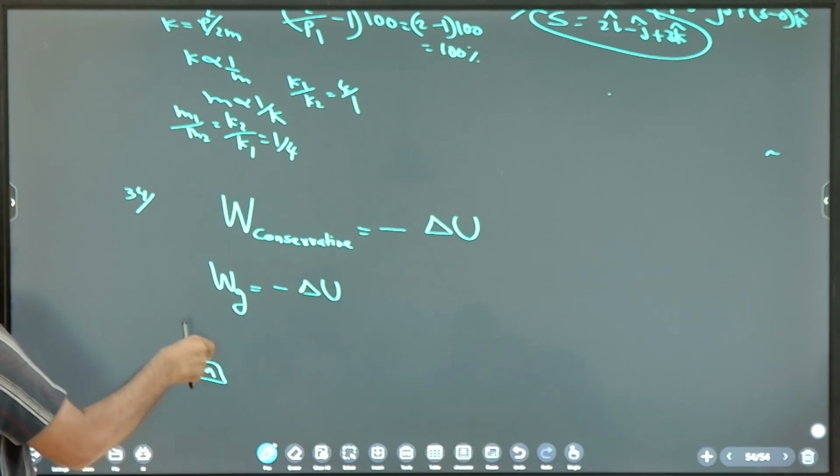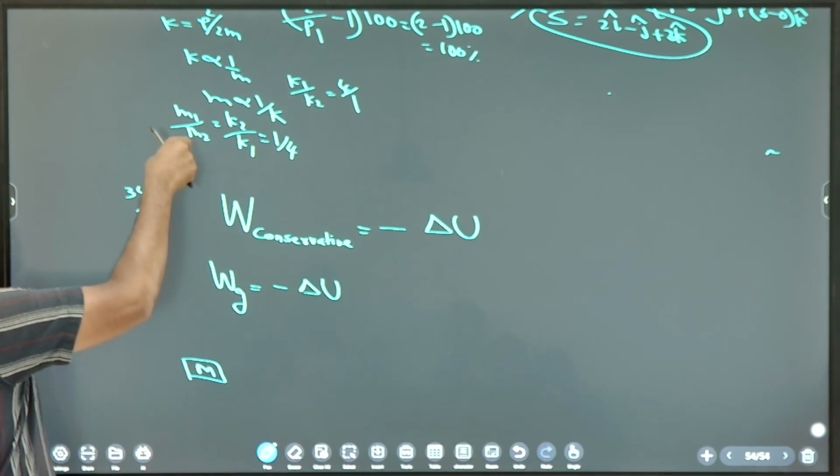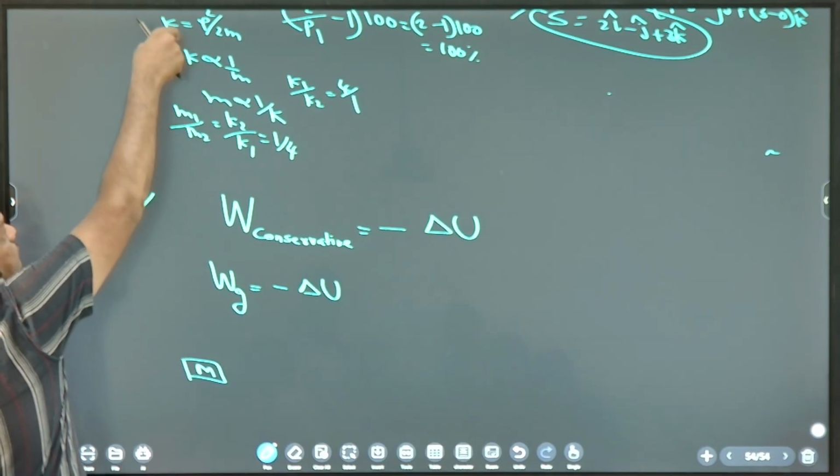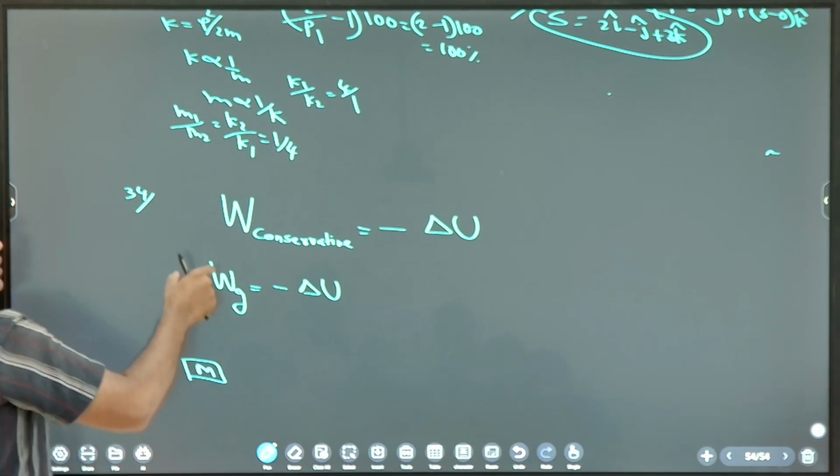You are increasing the height of this. So is gravity doing positive work or negative work? Negative work. Very good.